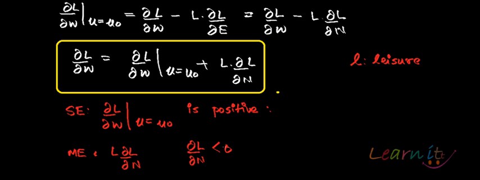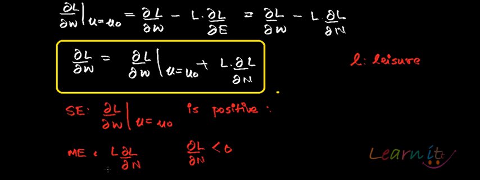And you've already seen that this might work in the opposite direction. Substitution and income effects work in opposite directions. What exactly will be the sign of del L by del W? It depends on whether the income effect dominates the substitution effect, or whether the income effect offsets some of the substitution effect.